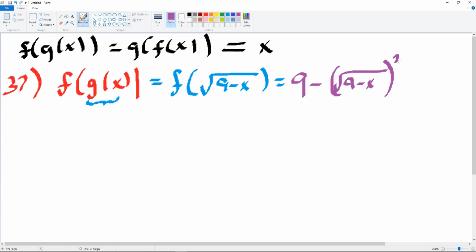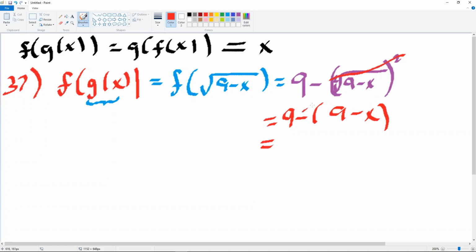Squared. Now this is actually called a square root because you don't see it there, but there's a 2 right there, correct? Now remember, a square root and an exponent undo each other, so it's as if all of that cancels out, leaving you with 9 minus parentheses 9 minus x.